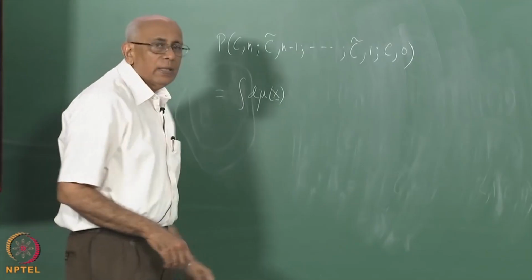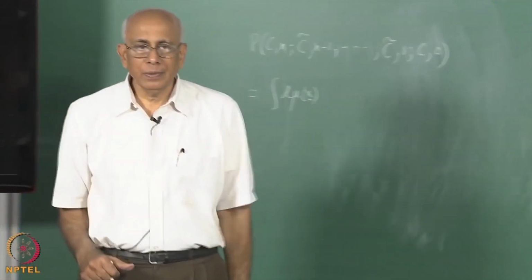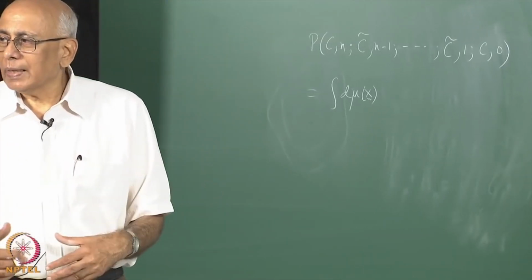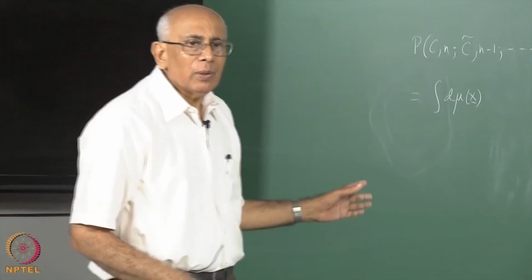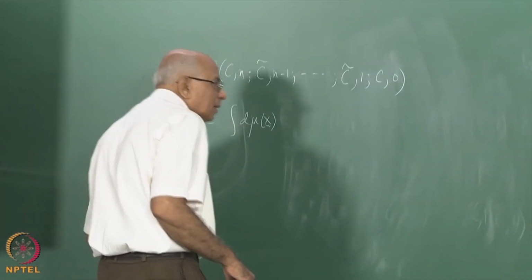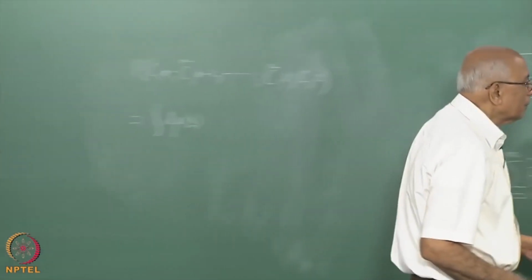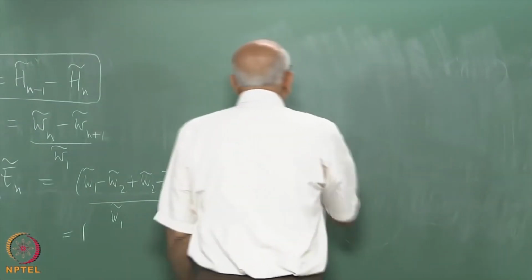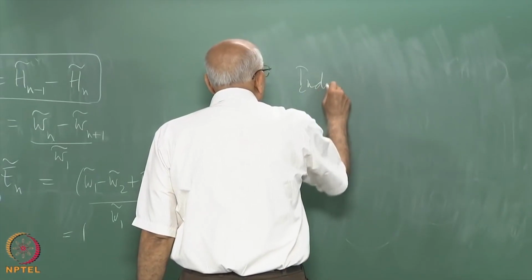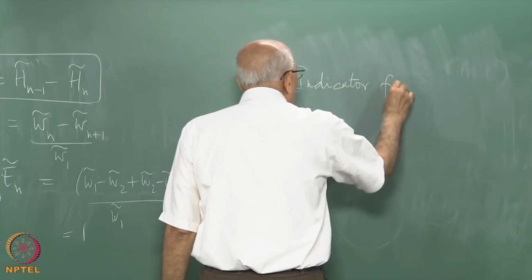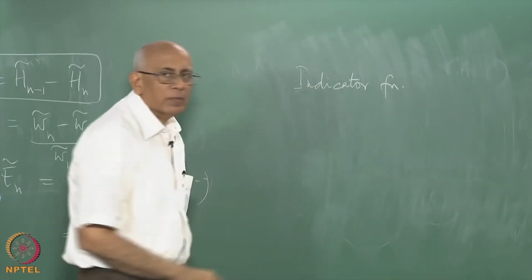So the way to do this is to introduce theta functions, which when the argument is positive is 1 and when the argument is negative is 0. And in general when you have a multidimensional object like that, it is called a characteristic function, very bad name but that is the way it is, and it goes as follows. So we define the so called indicator function or characteristic function, but indicator function is better.